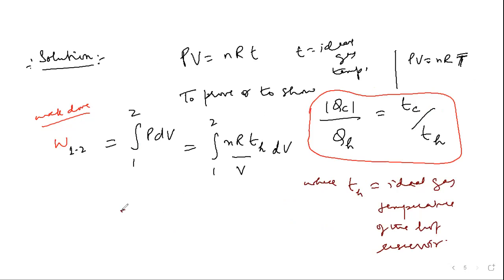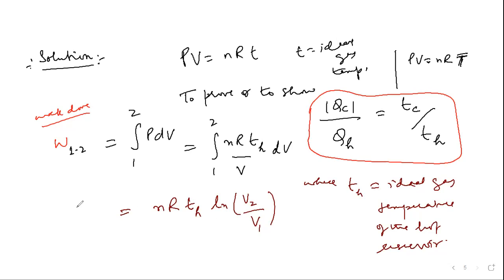So it will become nRTH, temperature is constant, then it will become ln, natural log of V2 by V1. nRTH natural log of V2 by V1.